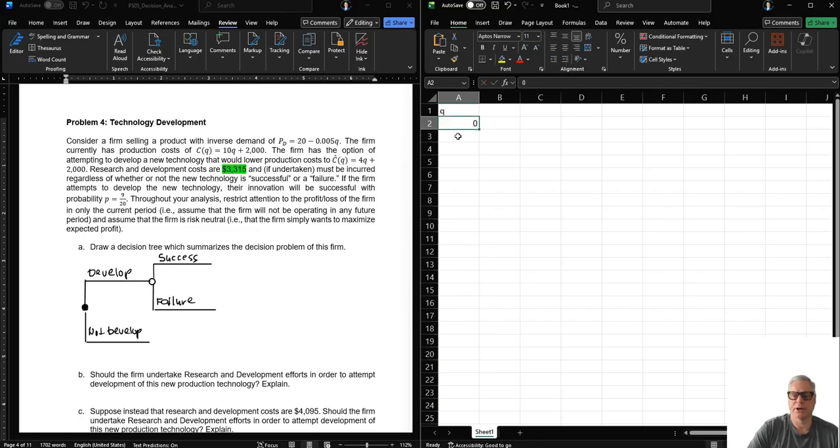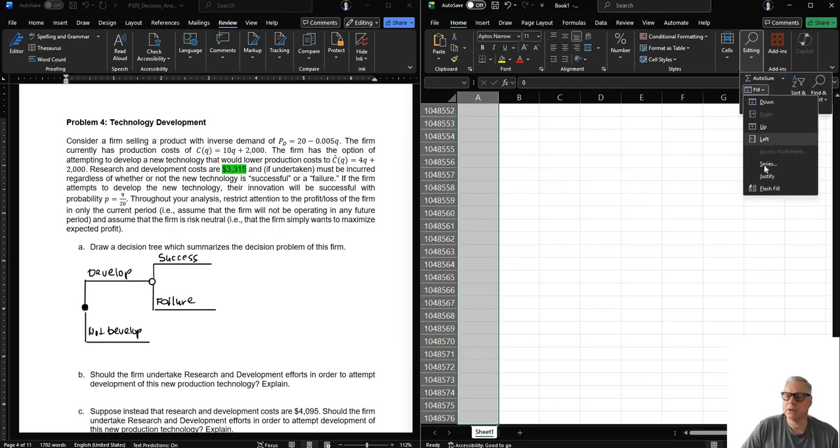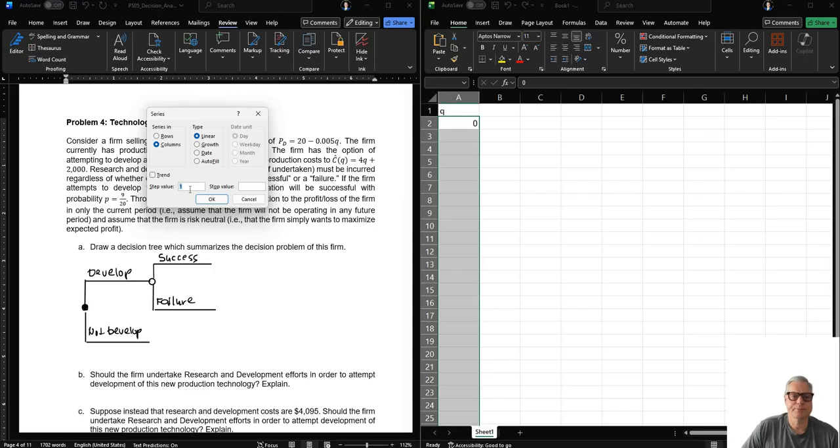Okay, so now if you want to highlight that column, you press Shift, Control arrow down, and then you go to Edit, Fill, Series, and you have a step value of 1 and you want to stop at 4,000.